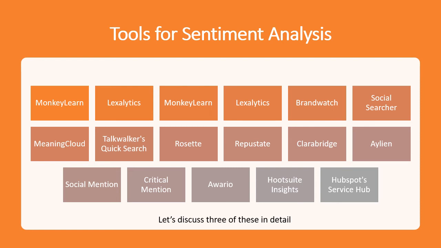And coming to Awario, it is a real-time social listening tool which may be used for sentiment analysis to analyze tweets, posts, etc. For detecting sentiment of brand mentions in real time, you can gather timely data about your business. You can also monitor sentiment around particular keywords you want to track.